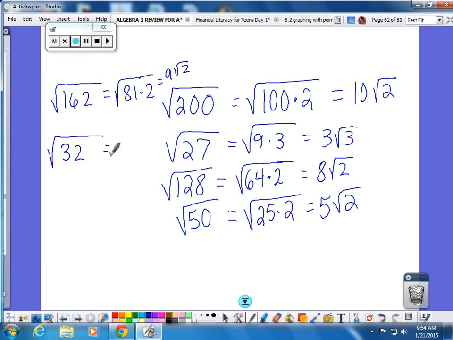What is it? 16 times 2, and then 4 and 2. 4 root 2? Good. Square root of 98?